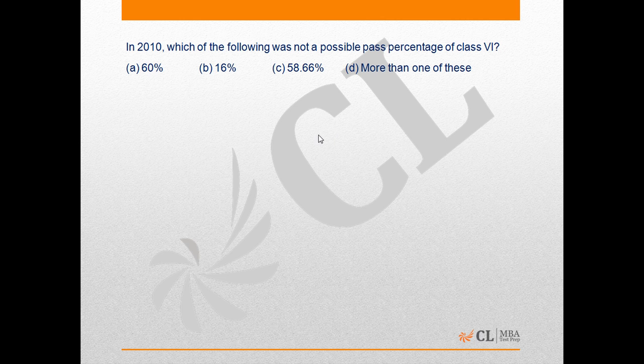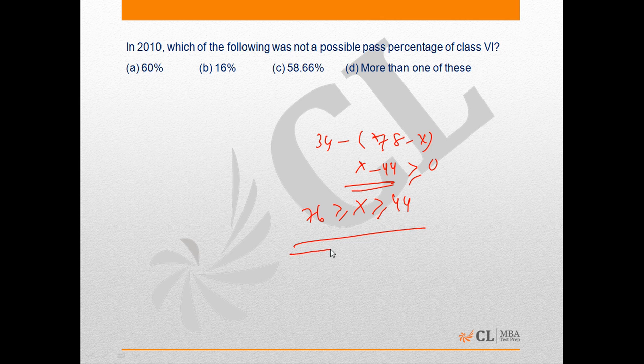It will be 34 minus (78 minus X), and this is equal to X minus 44, and this has to be greater than or equal to 0. Therefore the minimum value of X is 44 and its maximum value is 76.